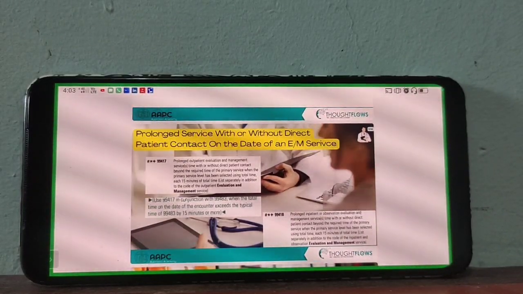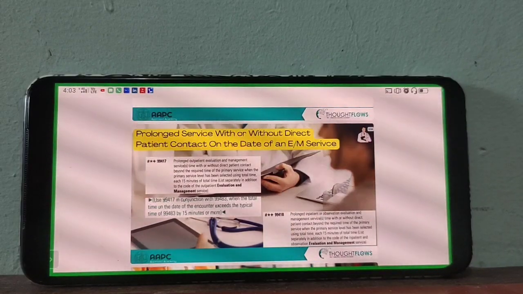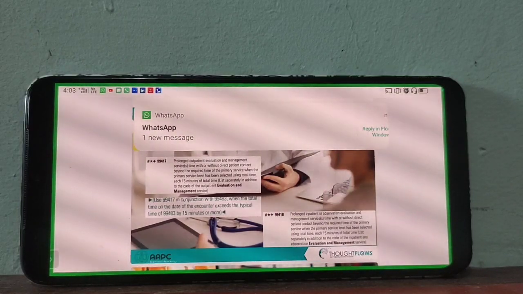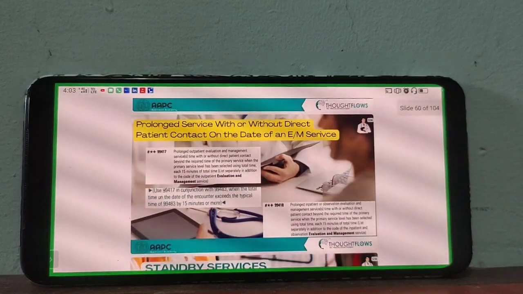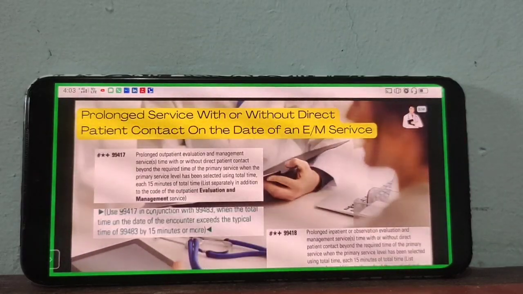For OP, new patient, 60 minutes; established patient, 40 minutes. Apart from that original time, if a doctor spends extra time, we have to apply the corresponding add-on code.